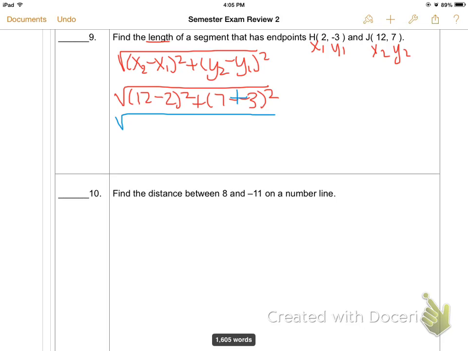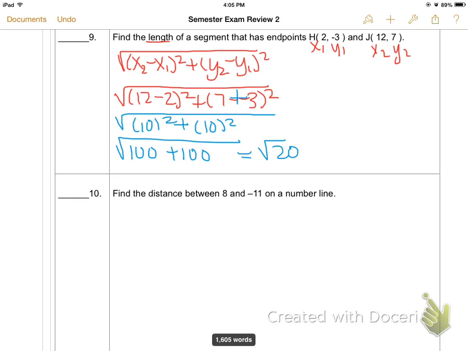A lot of y'all forget to bring down your square root every time you start a new step. I know a lot of y'all missed that when you took the test. So just remember, first thing you do is bring down your radical every time. So 12 minus 2 is 10, so that's 10 squared, plus 7 plus 3 is 10, that's 10 squared. 10 squared is 100, so now we have 100 plus 100, which equals the square root of 200.